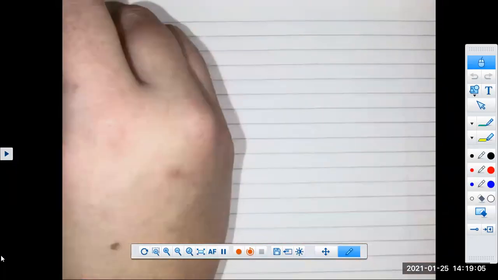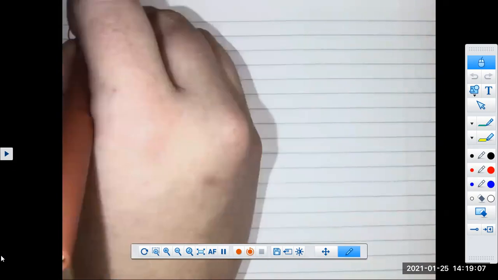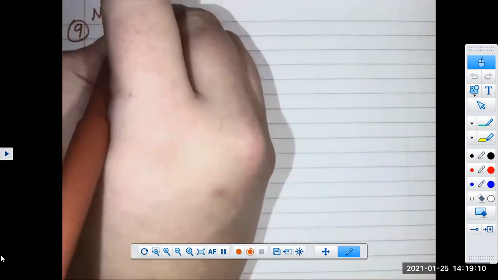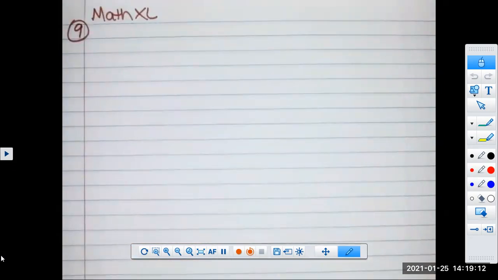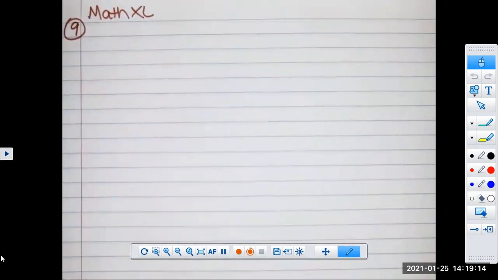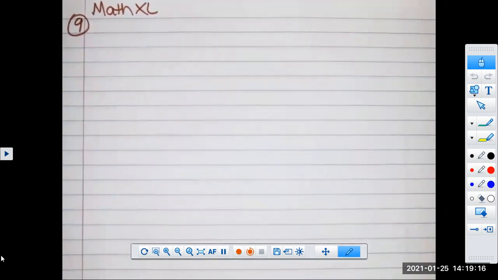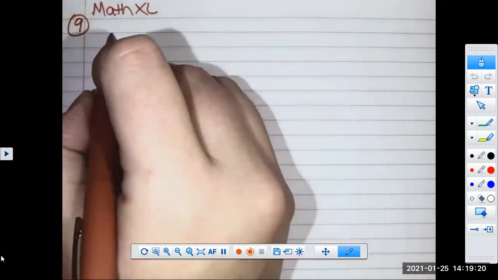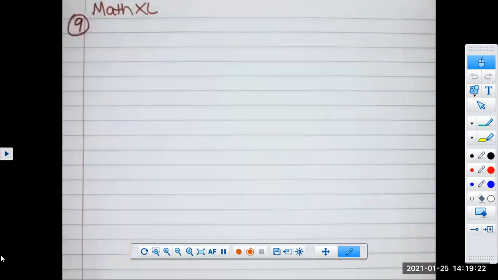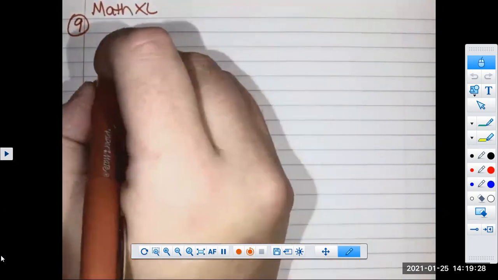All right, this is number 9 in MyMathLab. Definitely the hardest type that deals with the conjugate root theorem. It works slightly differently than what we just did, because instead of being given that 3 is a root or 3i is a root, they give it to you in this form.